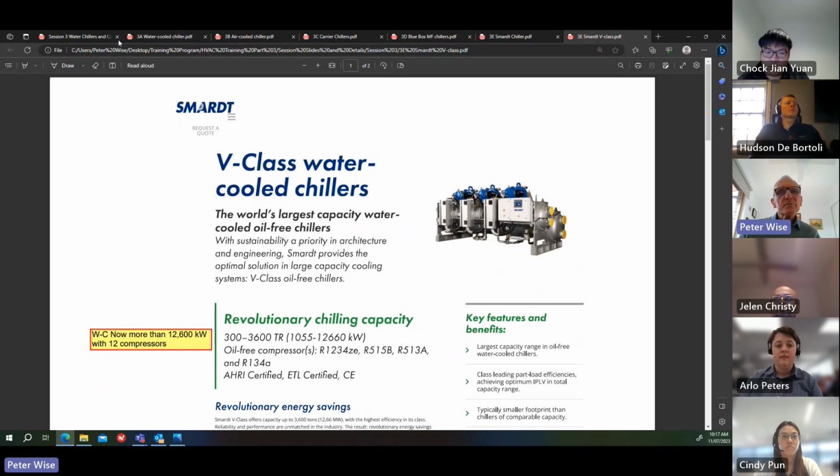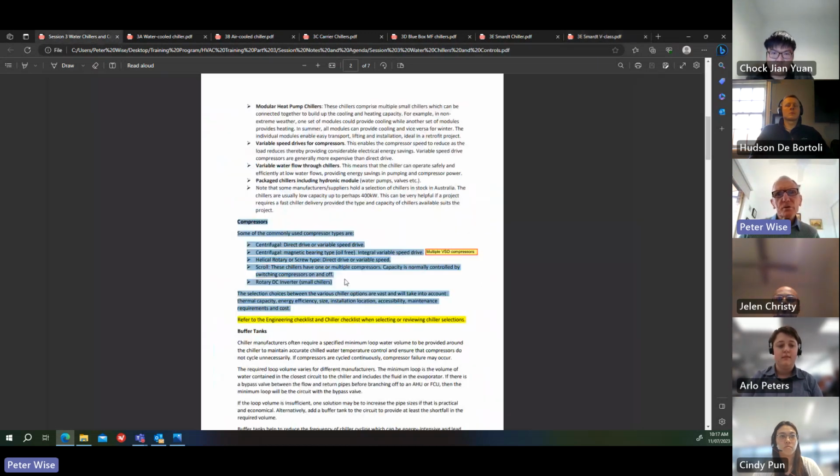So other compressors, there's screw type compressors, helical, rotary or screw. You can get them direct drive or variable speed. Scroll compressors are normally just on-off type compressors. So in a 400 kilowatt machine, you might have 4 compressors, you might have 8. And they can be just stepped up as required to increase the capacity.